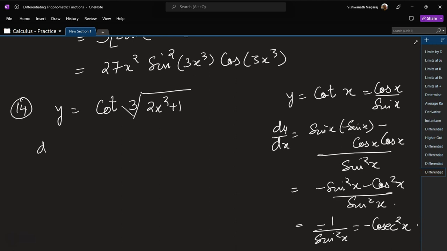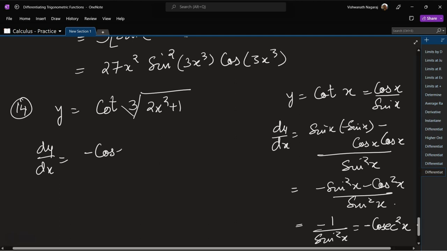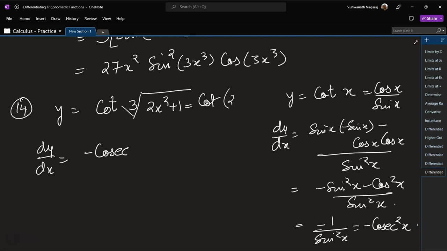So now here the dy by dx would be minus cosec, and here remember this can be written as cot of 2x square plus 1 to the power of 1 by 3. So here what do we have? Cosec of 2x square plus 1 to the power of 1 by 3.